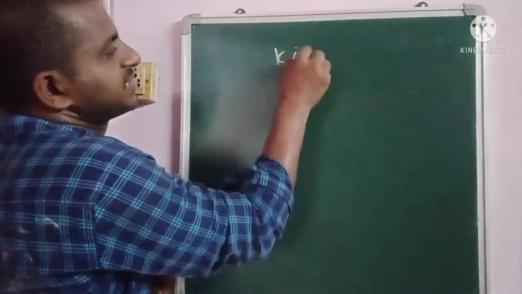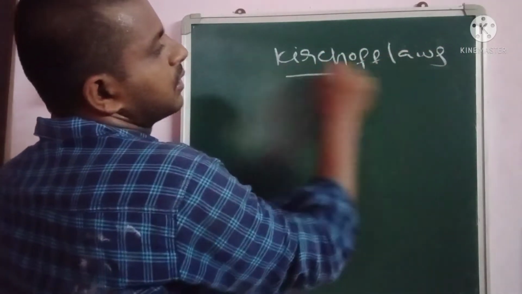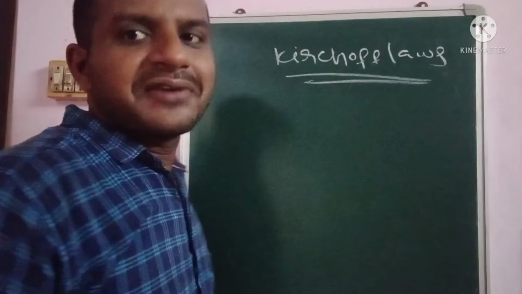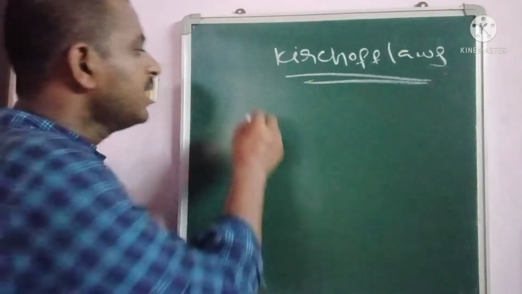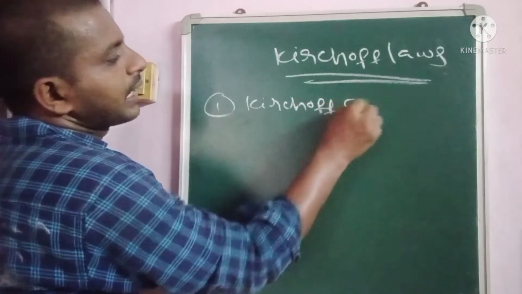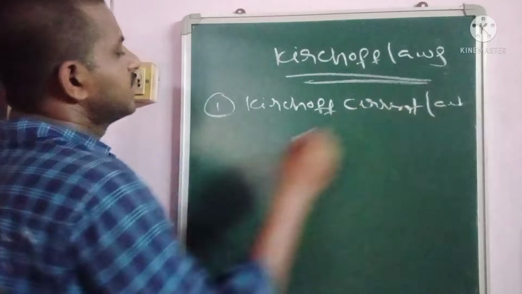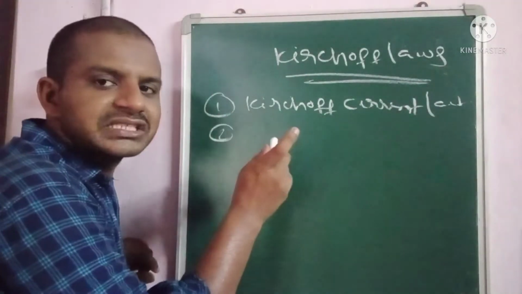Okay, today we are going to discuss Kirchhoff laws. According to the calculation of both voltage and current, there are two types of Kirchhoff laws. One is the Kirchhoff current law, and the second one is the Kirchhoff voltage law.